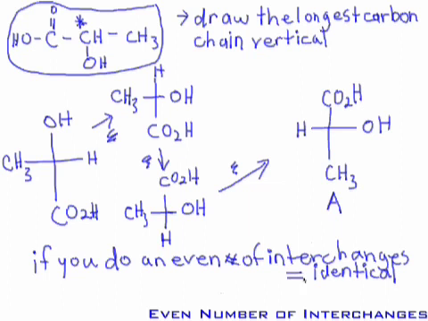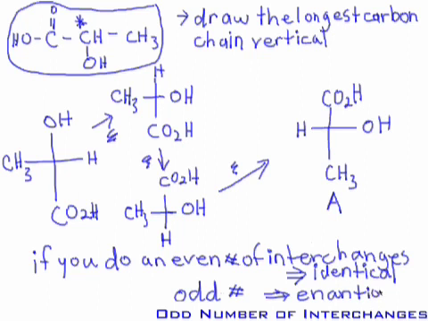You're identical if you do an even number of interchanges. But if you do an odd number of interchanges, you are enantiomers. You've made the enantiomer.